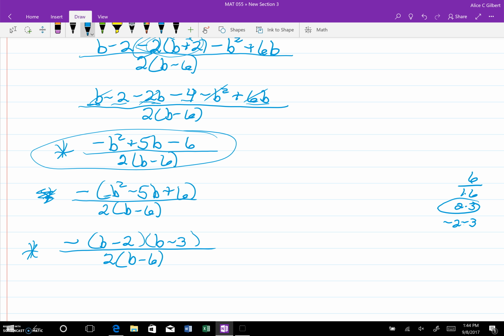Either way is fine, but just remember that the numerator can be left in multiplied form, or in factored form.